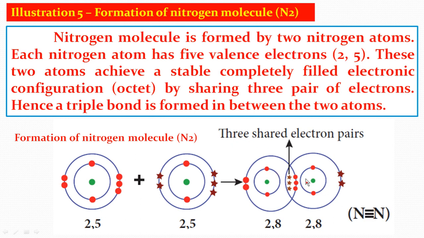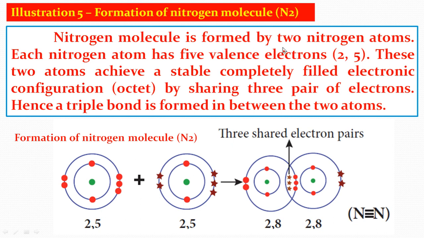So how many pairs of electrons? 3 shared pairs of electrons. So between the nitrogen atoms, a triple bond is formed, 3 covalent bonds. So this is a triple bond between the 2 nitrogen atoms. This is the nitrogen molecule, that is N2.